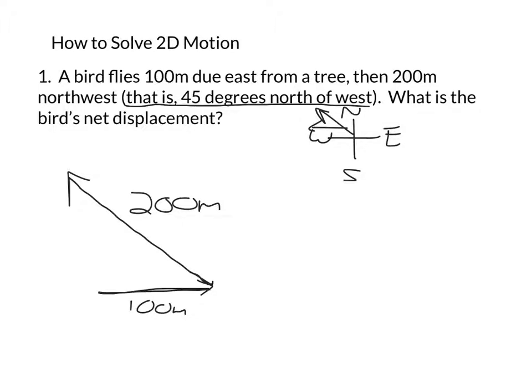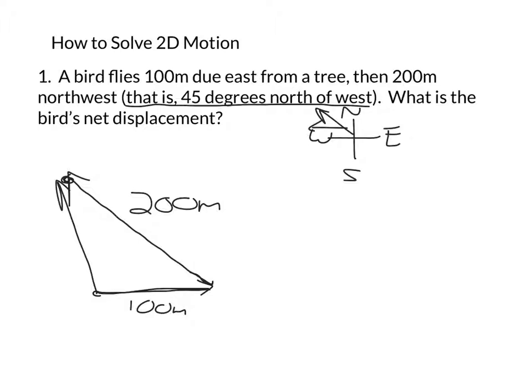That's how you're going to add your vectors. Okay, what is the bird's net displacement? Well, his net displacement is from here to here. And we start at the tail and end at the tip. So that is his displacement vector. I don't know if it's actually going to be to the left of the starting point because I just freehand drew that. But let's see how we're going to deal with this.